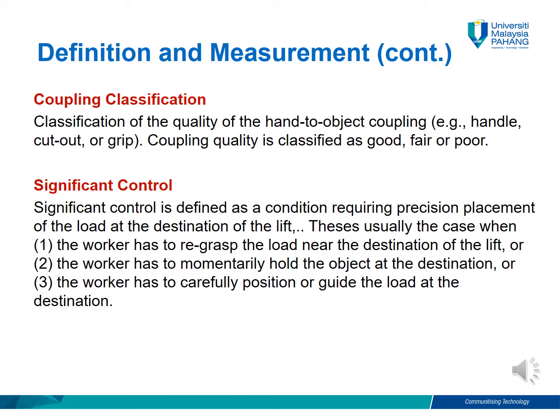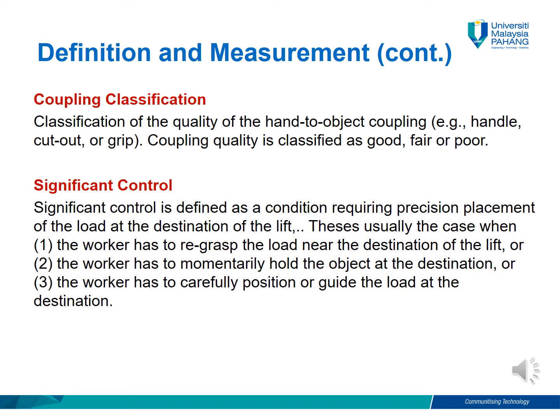Coupling classification refers to the classification of the quality of the hand to object coupling, for example handle, cut out, or grip. Coupling quality is classified as good, fair, or poor. The significant control is defined as a condition requiring precision placement of the load at the destination of the lift.